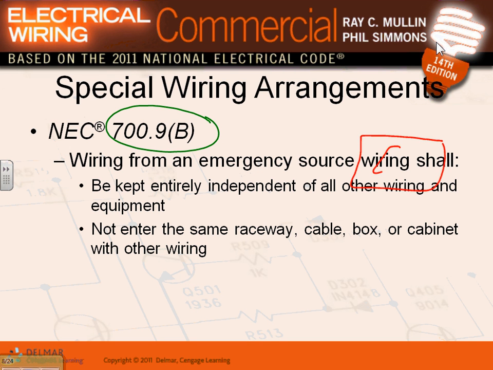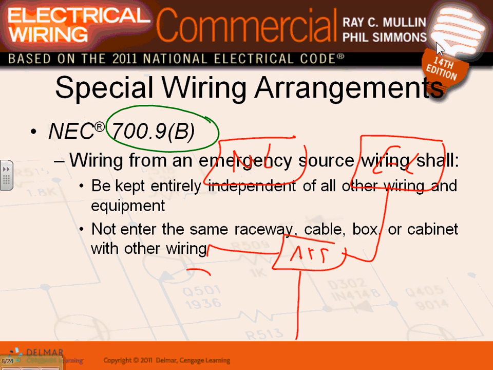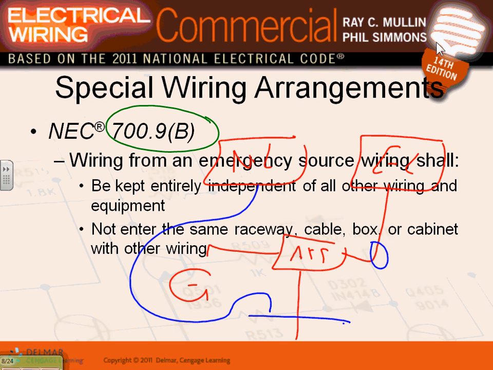Here's an emergency light, here's a normal light, and here's an auto transfer switch with power coming in. I want the power to go to the emergency light from here, my generator, and from right in here, I want to take the power and go to the lighting circuit. Cool?